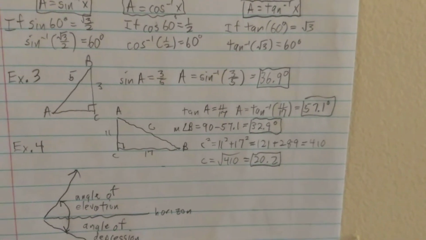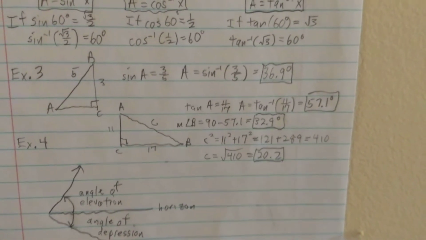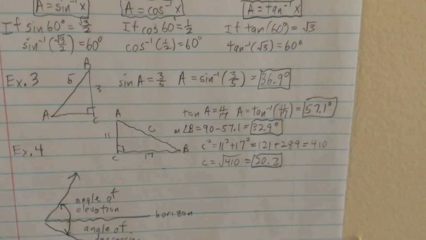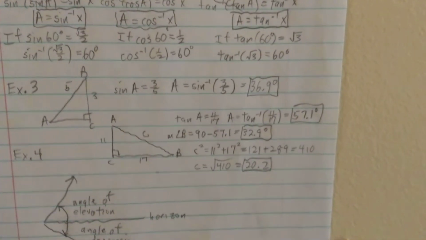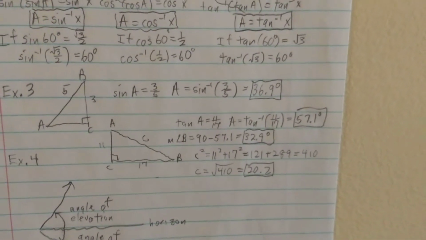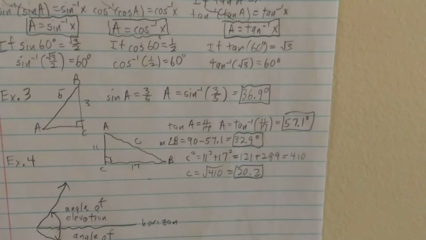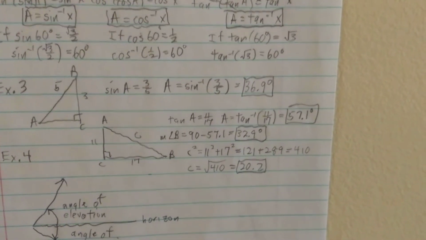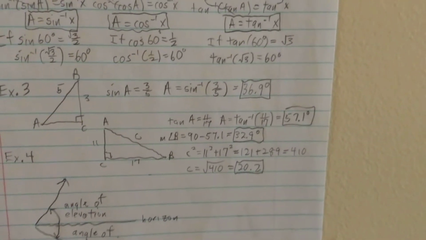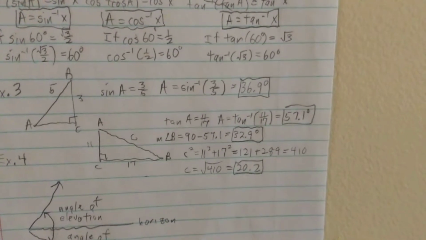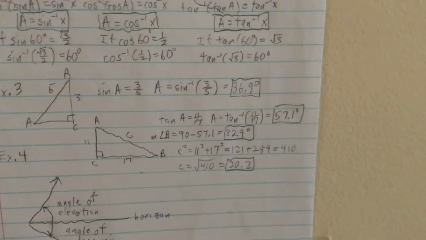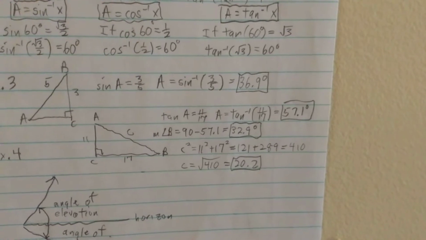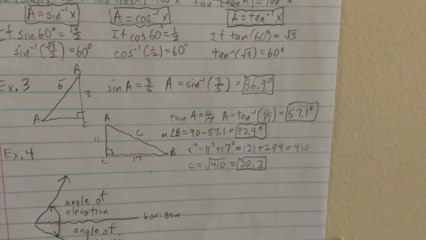Now on example 4, the triangle with 11 and 17 for sides, tangent B would be 11 over 17, there's a misprint there, sorry. And B is equal to tangent inverse 11 over 17. So angle B would be 57.1, and angle A would be 90 minus 57.1, or 32.9.